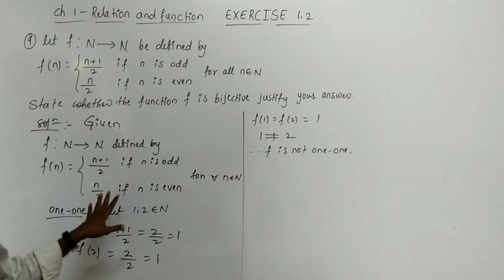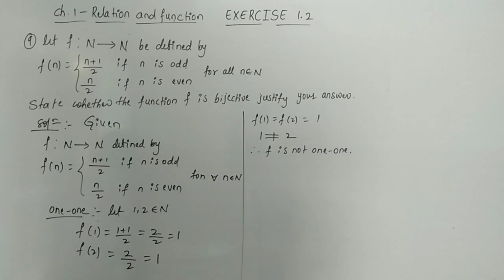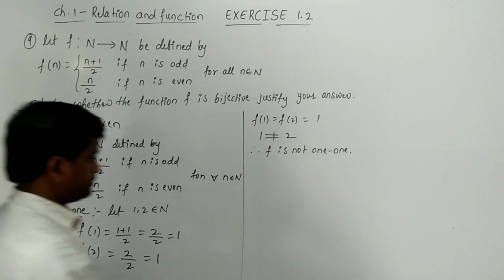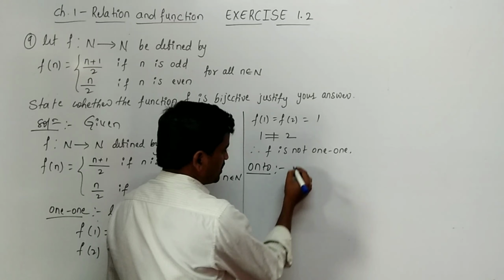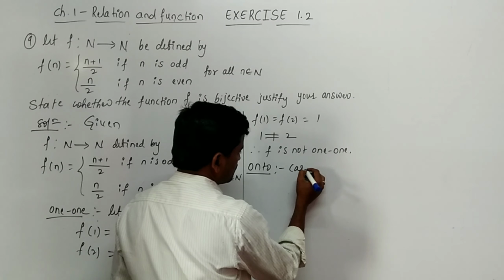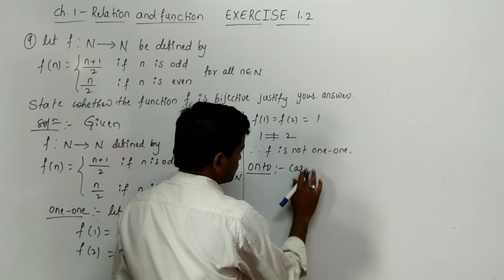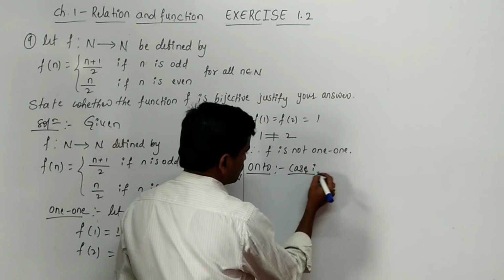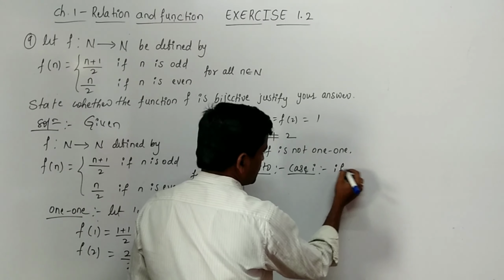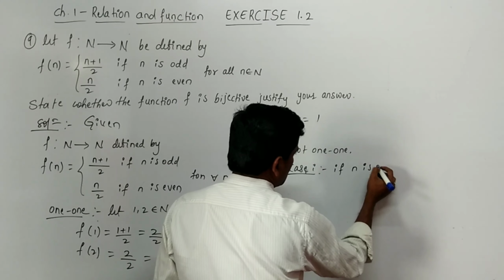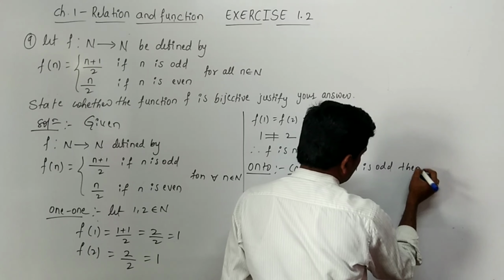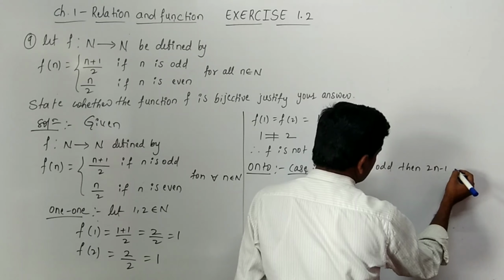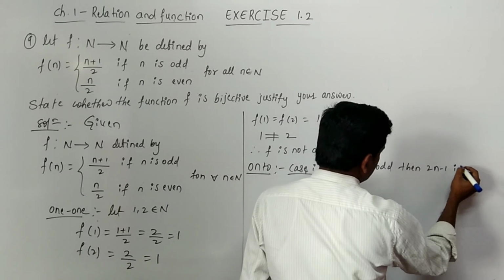The function onto. Case 1: if n is odd, then 2n minus 1 is odd.